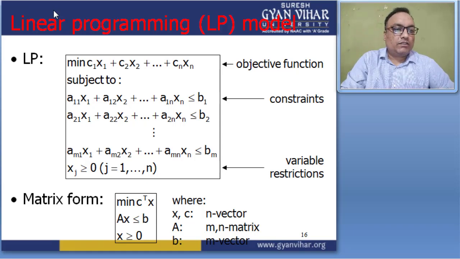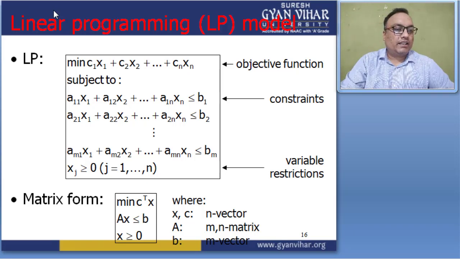These are the constraints: a11x1 plus a12x2 plus dot dot dot plus a1nxn less than or equal to b1, and the second one a21x1 plus a22x2 plus dot dot dot plus a2nxn less than or equal to b2. And am1x1 plus am2x2 plus dot dot dot plus amnxn less than or equal to bm.